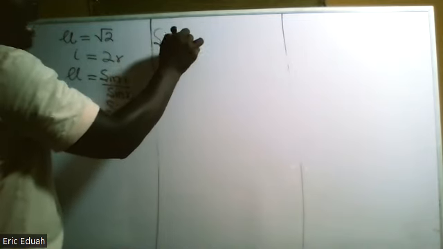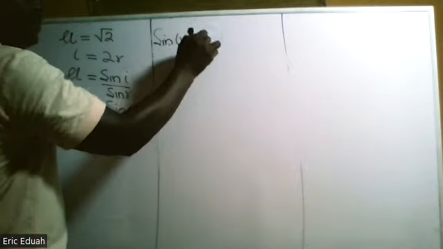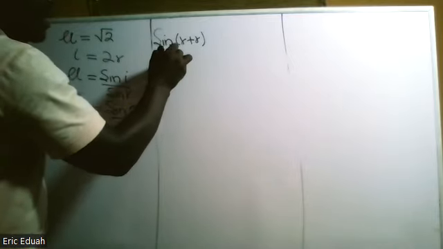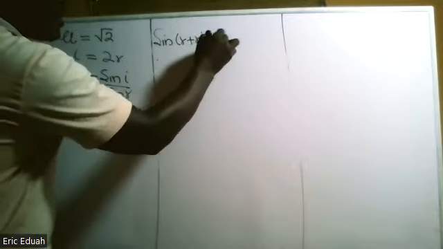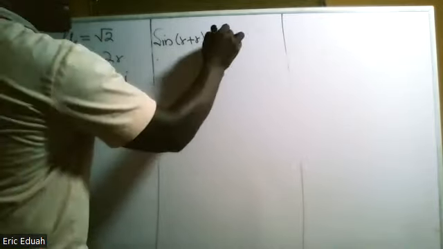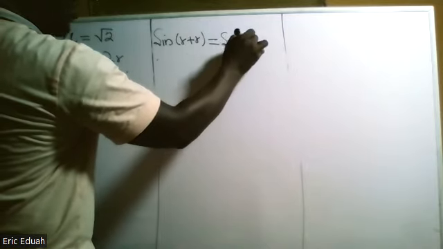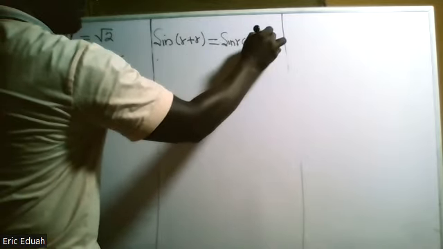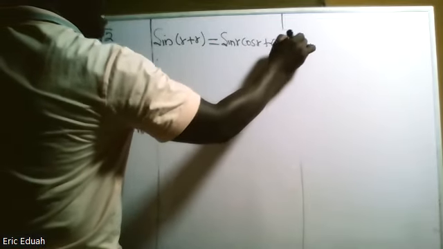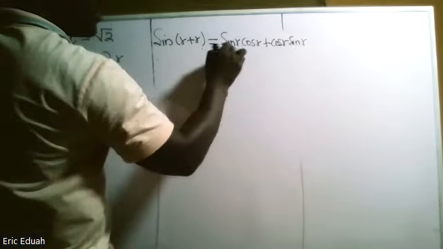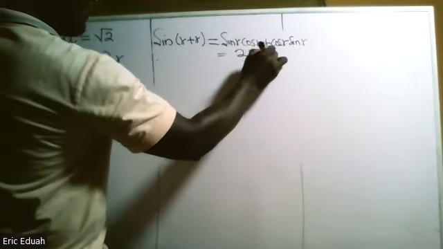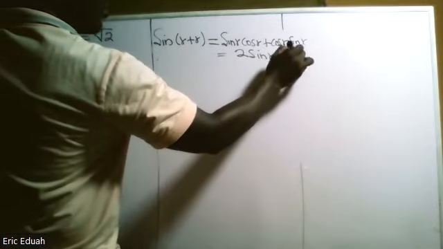Don't forget, this is r plus r. And so when you have sine of r plus r, applying trigonometry, the expansion of this is sine r cos r plus cos r sine r. So this whole thing is simply 2 times sine r times cos r.